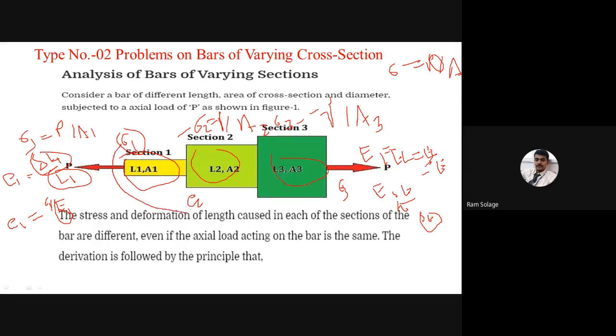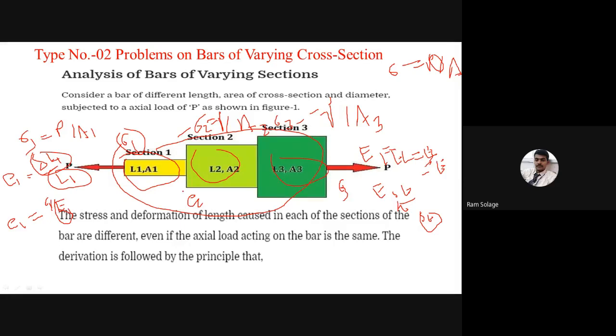We have taken different diameters or different cross-section areas. So how to calculate the extension or elongation of the rod? Sometimes in examination they are asking to calculate the total elongation, extension, or change in length. These are three similar words. Depending upon the question, we have to calculate delta L1, delta L2, and delta L3.